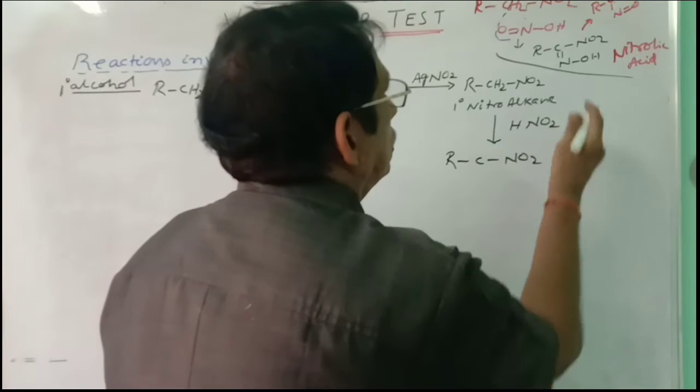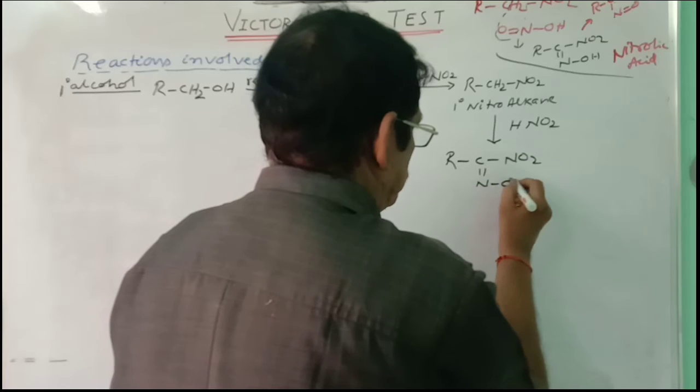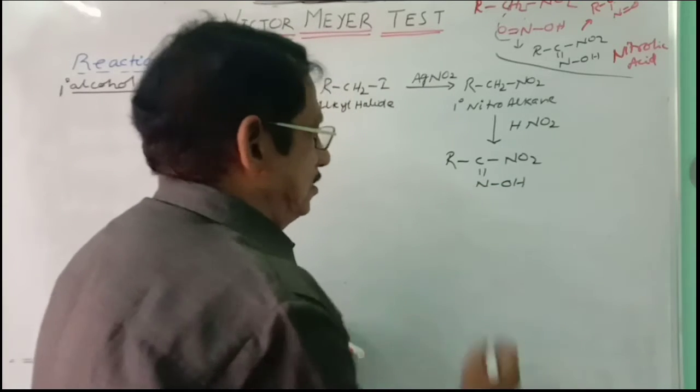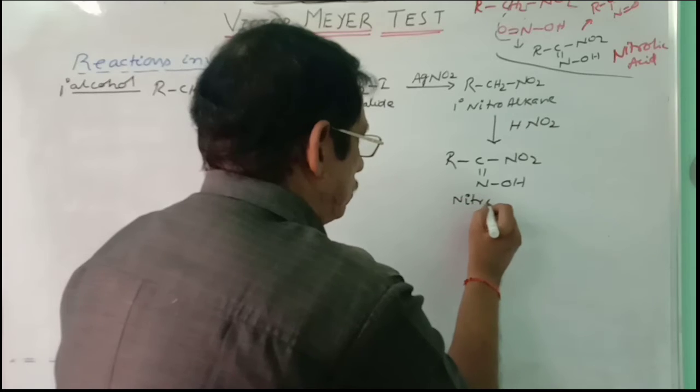CNO2 double bond NOH. This H has an acidic character, and that is why it is called nitrolic acid.